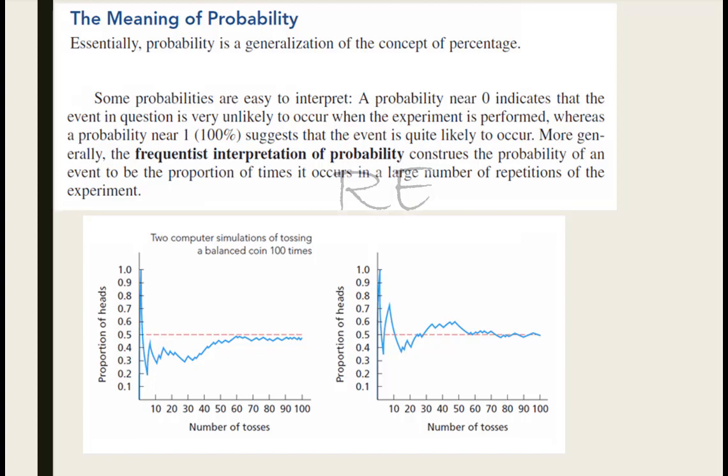Now, a probability of 50% means that over time, when performing the experiment, we will get close to 50% with it, which is the theoretical probability. And it's called the frequentist interpretation of probability.